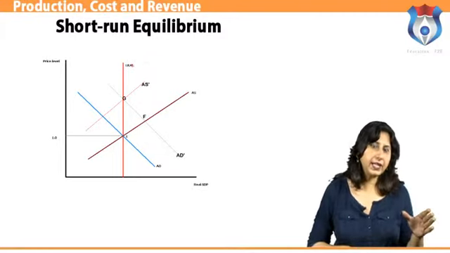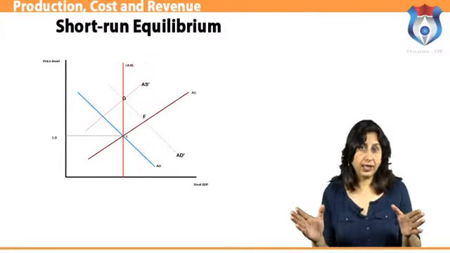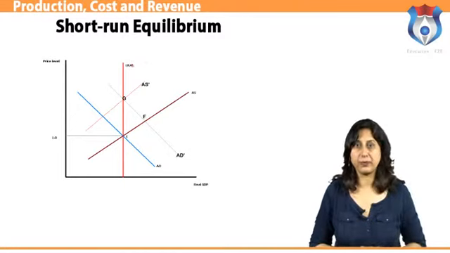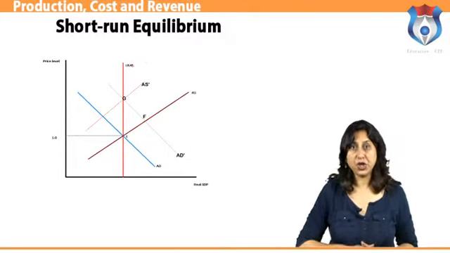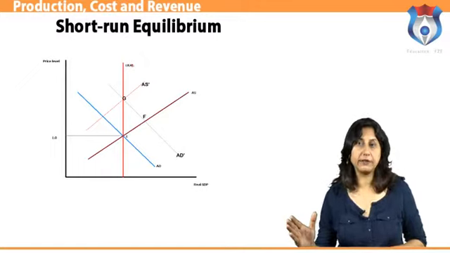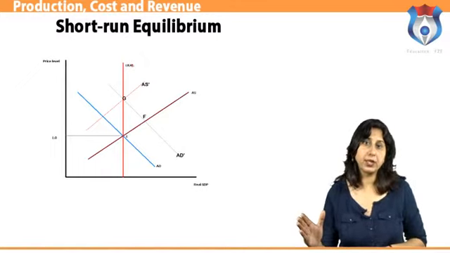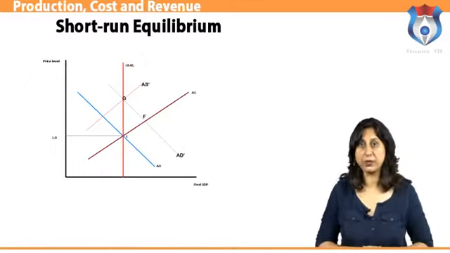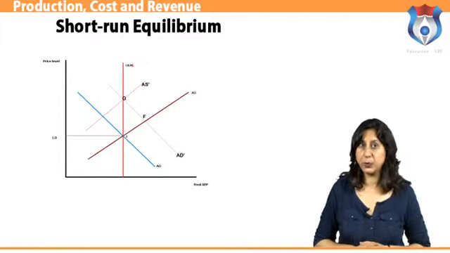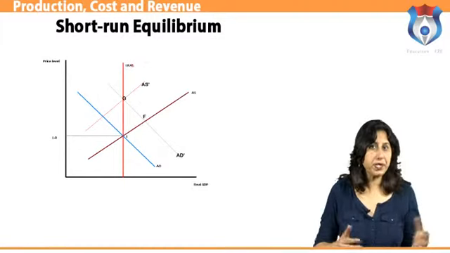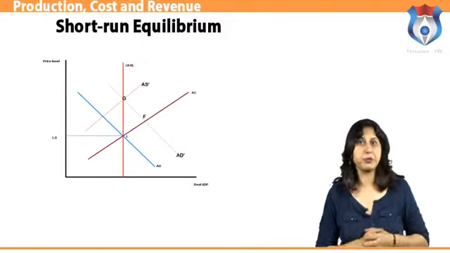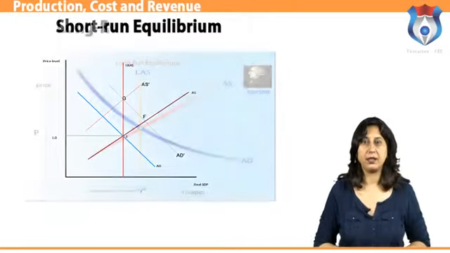When either AD or SAS shifts, the equilibrium point is changed. For example, a shift to the right of the AD curve will cause the equilibrium output as well as the price level to increase. And if the AD curve were to shift to the left, the opposite would be true. Output and price level will decrease.